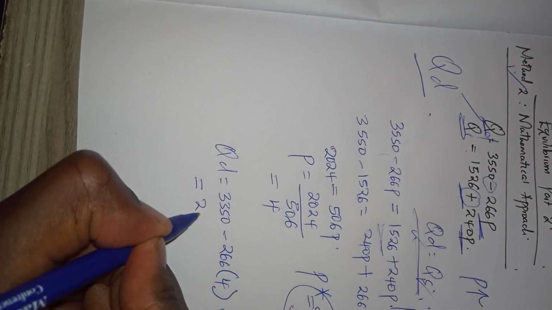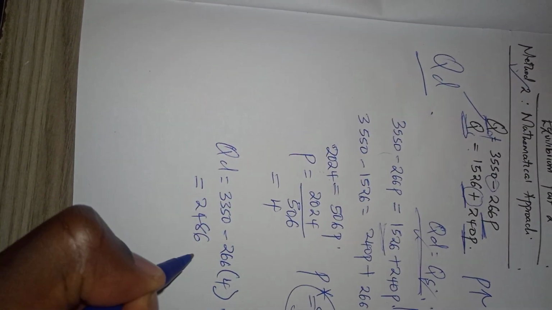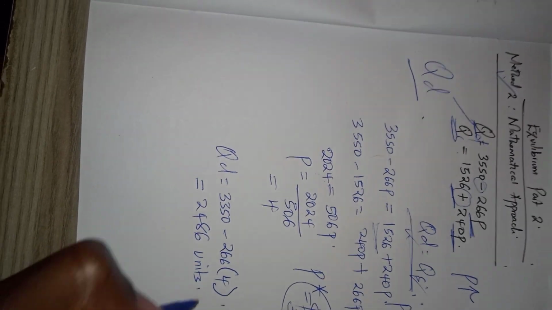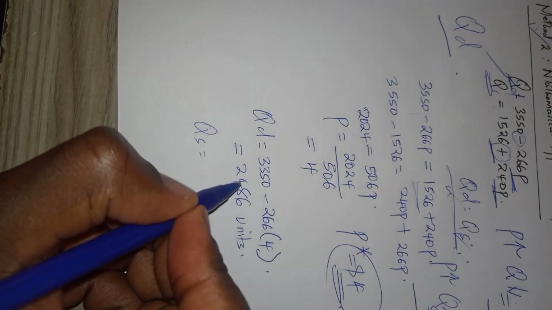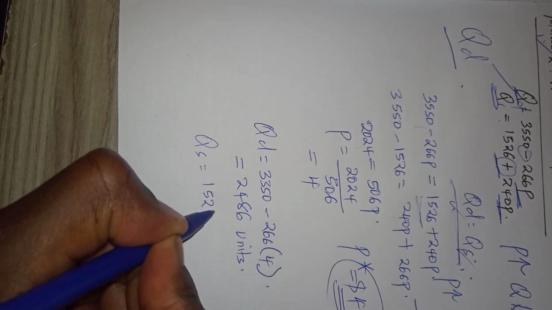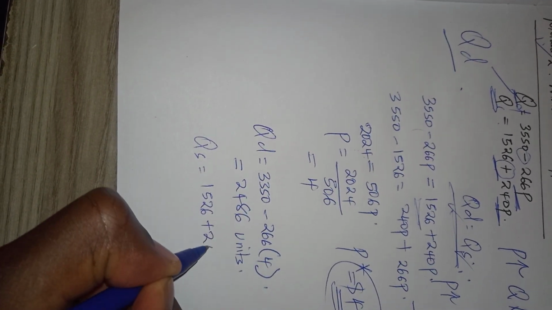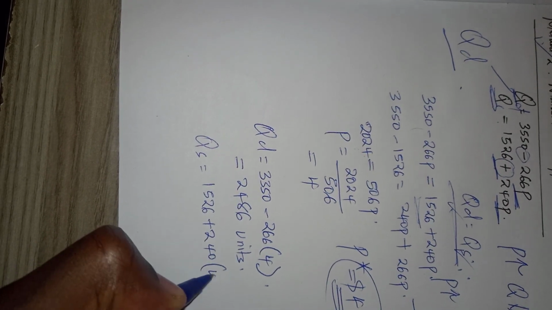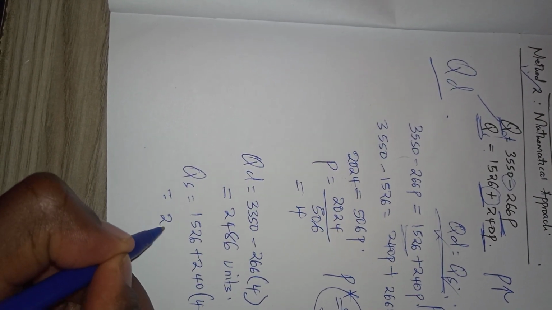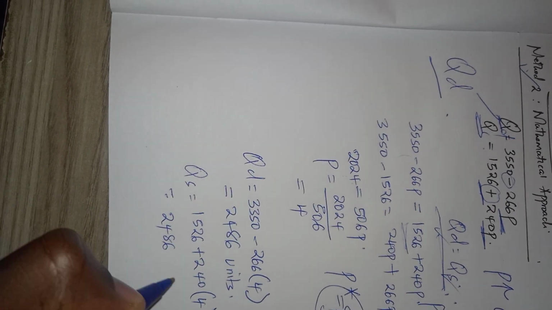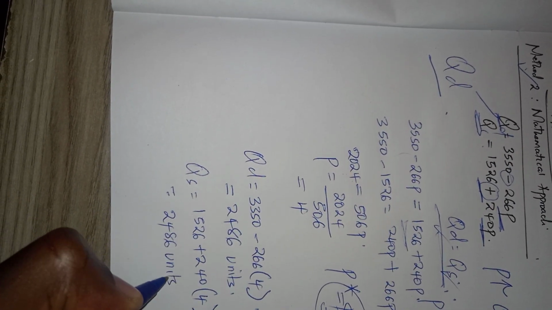We're going to get 2486 units of quantity demanded. Quantity supplied, we do the same, 1526 plus 240 into bracket 4, and we also get 2486 units.